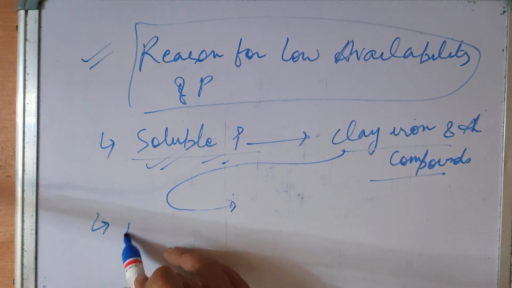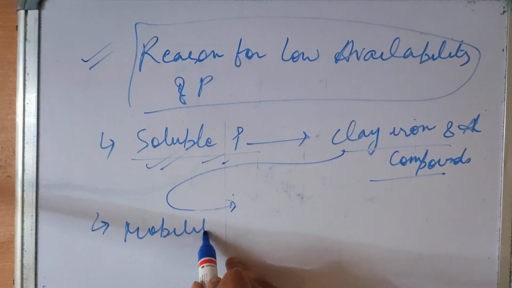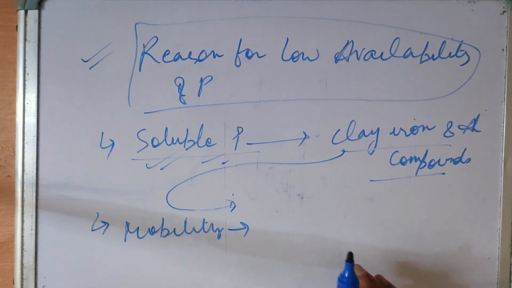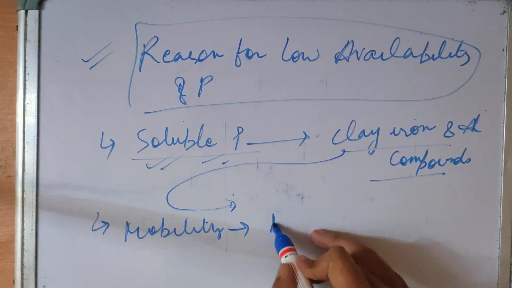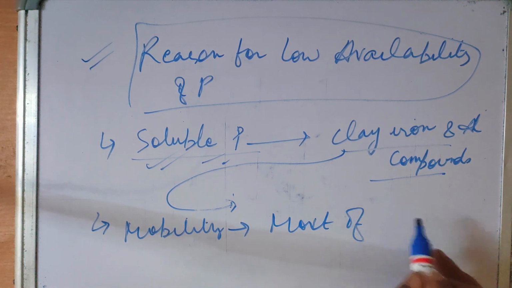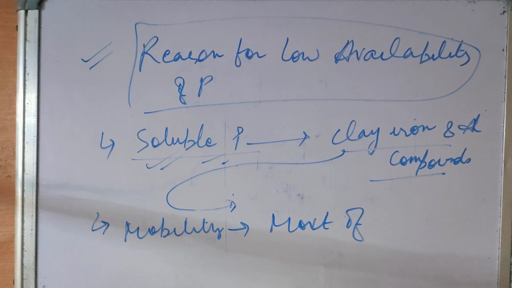So second is the mobility. Phosphorus moves very little in most soils. We all know that nitrogen has a very high mobility, but when it comes to phosphorus and potassium, they are less mobile compounds. So I have already taught you in fertilizer application that when we add phosphorus, we always try to keep it near the root so that it can be easily absorbed by the root.